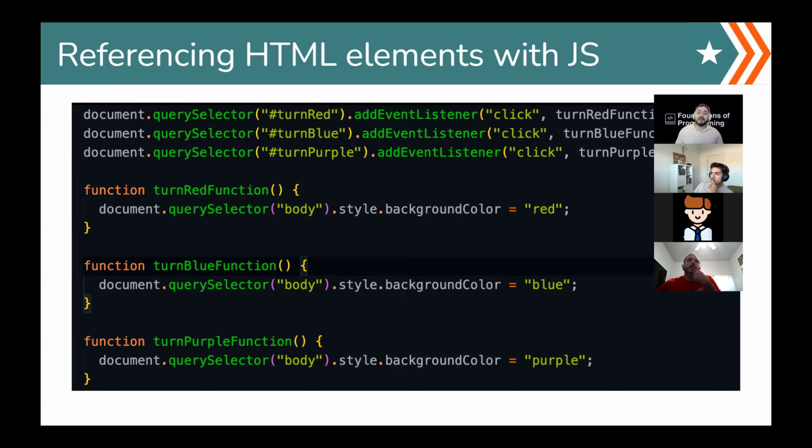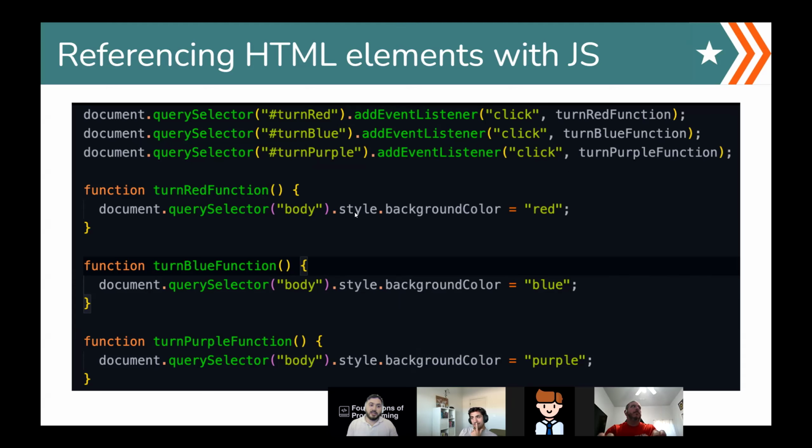Here is a very simple example of how we are going to achieve that. The command is going to start off with document, right? It's a JavaScript command that you can use in your JavaScript file. We are referencing the document, or in short, the DOM. And here, very briefly, we're saying document dot querySelector.